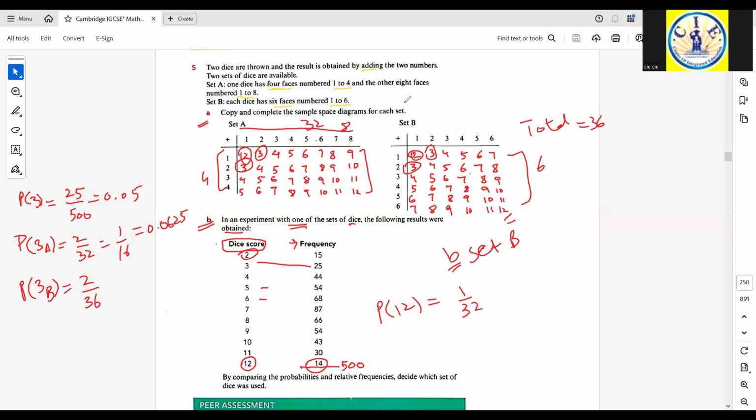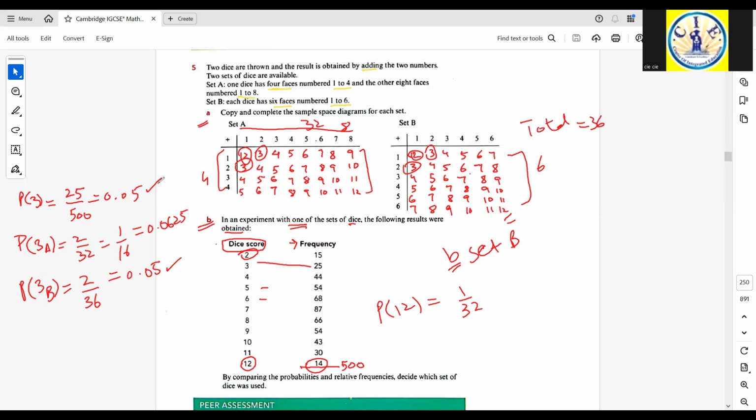So 8 fours are 32. So this is 2 divided by 36, which is 0.055. So this is closer to the probability of 3 given in the table. In the same way, we can do it for any other number.